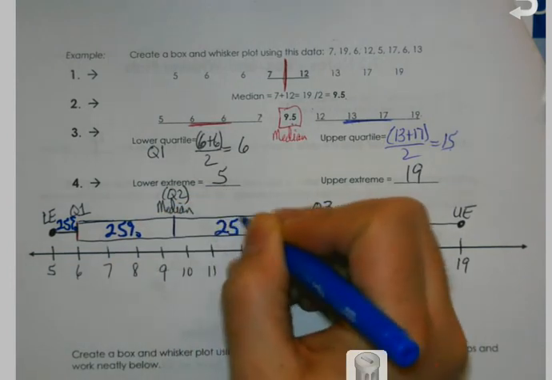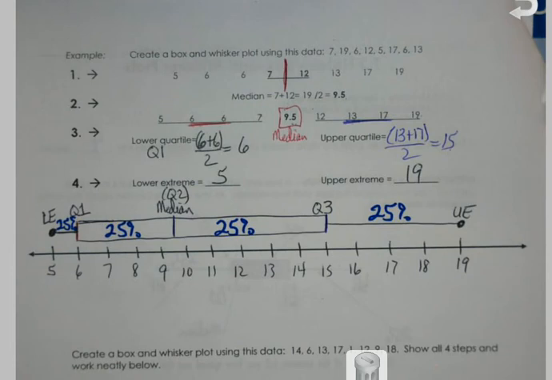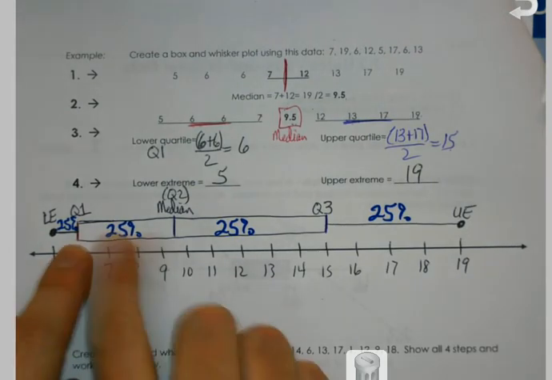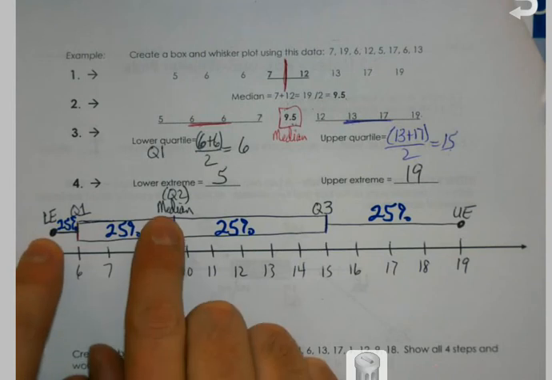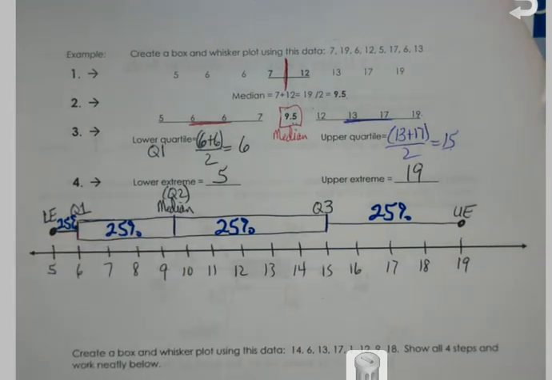So like if you got asked a question like how much data is there between quartile 1 and the median? Well, 25, it's just this piece. Lower extreme to the median, oh, 25 and 25, it's 50. They're always going to be in quantities of 25%. And that way I can find those values, I can find those answers.